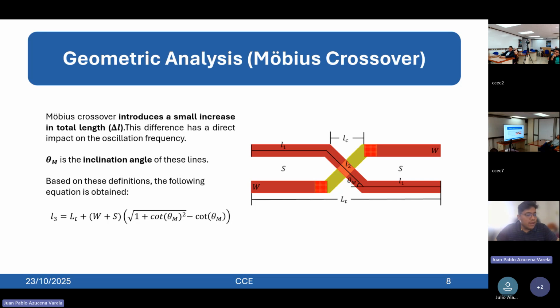The expression shown here relates the parameter L3 to the physical dimensions W and S, as well as the crossover angle. These analytical terms help quantify how the crossover contributes to the phase balance and the frequency deviation in practical RTWO layouts. Here it's important to say the parameter LT is the distance between this border and this border. Consider the inclined section.